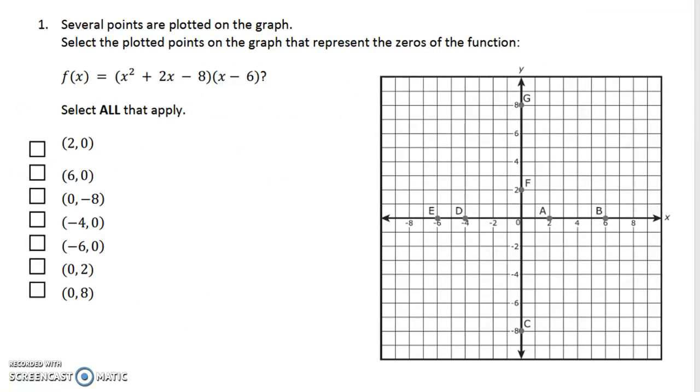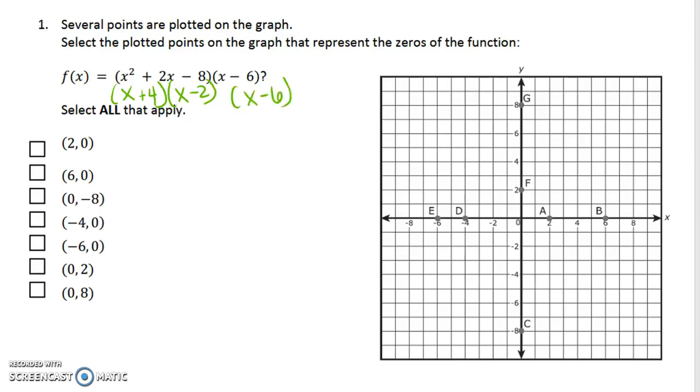Okay, so last question here for today. It says several points are plotted. Select the plotted points on the graph that represent the zeros of the function. Go ahead and think about this for a moment, and then we will discuss. So in order to figure this out, let's first factor this. So I need two numbers that multiply to get -8, add together to get +2. That would be x plus 4, x minus 2.